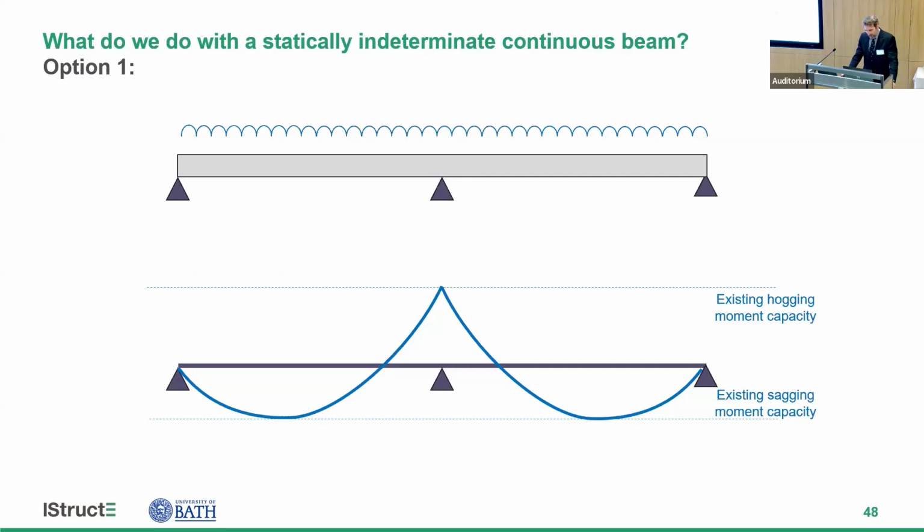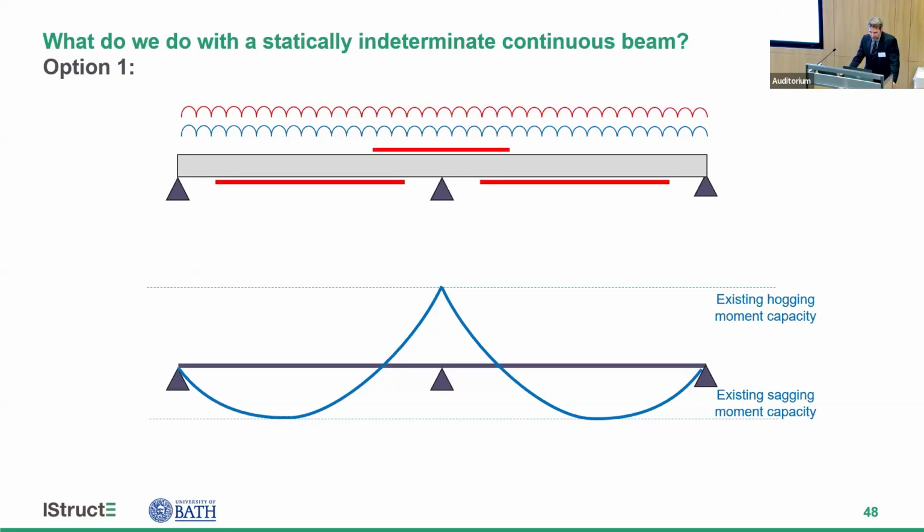More interestingly, what happens when we've got a statically indeterminate beam? This is a continuous beam. We've got a load, it's been designed, maybe with redistribution in mind right from the start, but it's reached its full capacity. And if we want to strengthen it, there are different options.